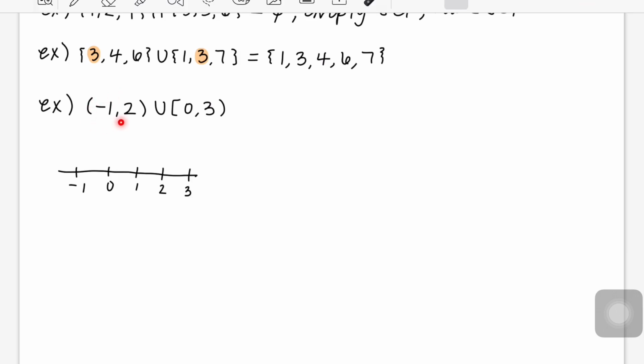So our first interval here, -1 to 2, we're looking at values from -1, but not including, all the way up to 2, but not including 2. So all values in this region here. And then for our interval 0 to 3, we're also going to draw our number line. And we're looking at values from 0, including 0, all the way to 3, but not including 3. So all of the values in that region there.